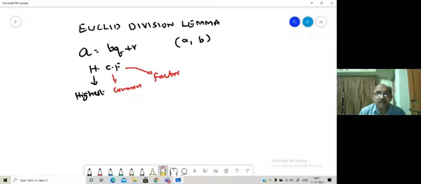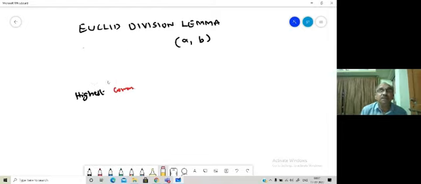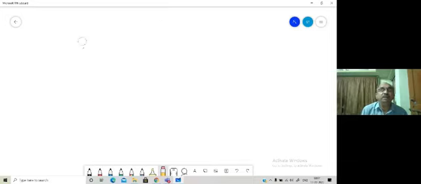Another important method is to find the HCF by using the prime factorization method. This part is over. They may ask for 2 marks: find the HCF by using Euclid's division lemma, or find the HCF by using the prime factorization method.